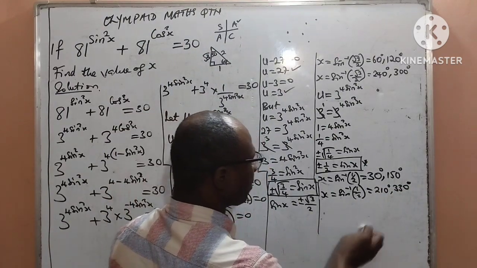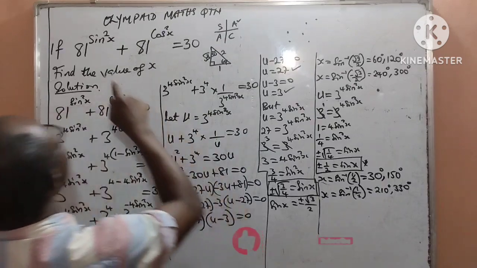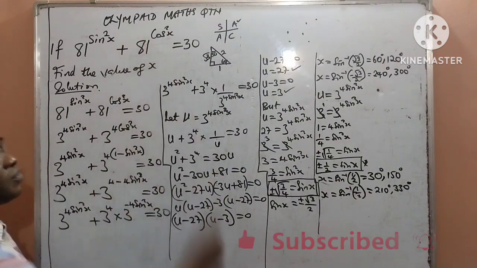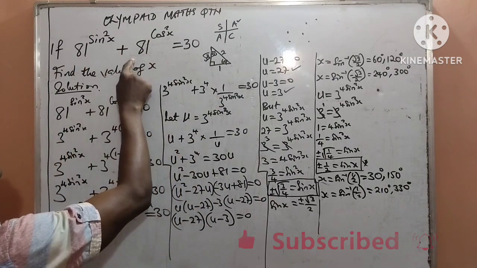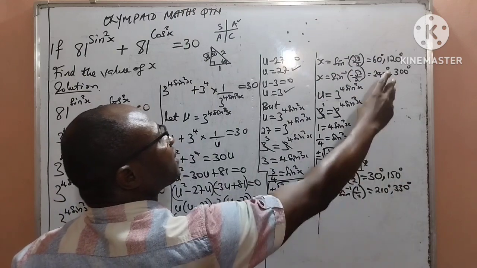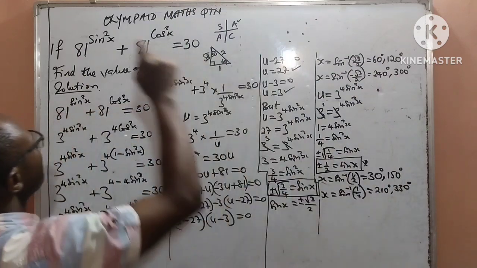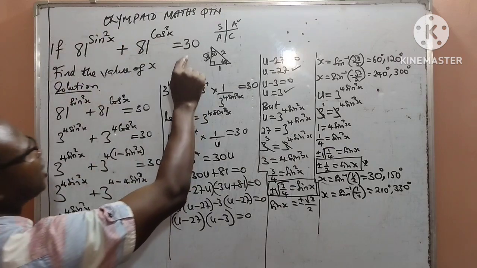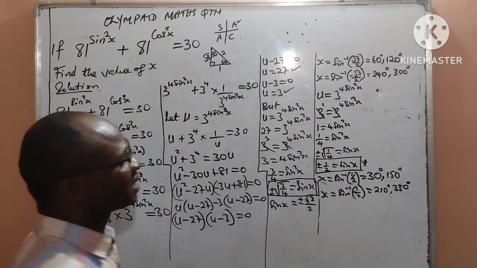In conclusion to our question, we are asked to find the values of x in this given question that can make this a true statement, meaning the answers we are getting for the value of x, if substituted into the question, exactly on the left hand side, it must give us 30.